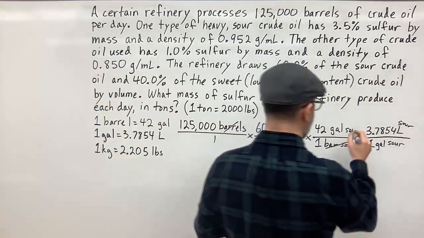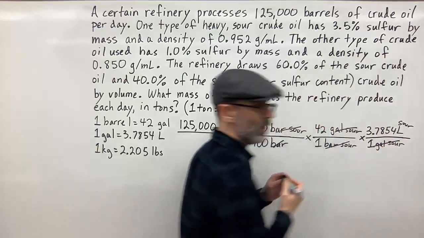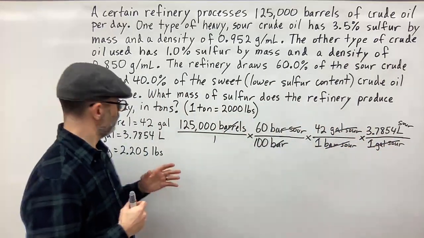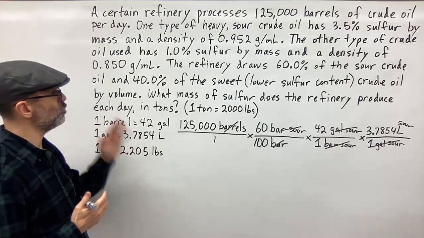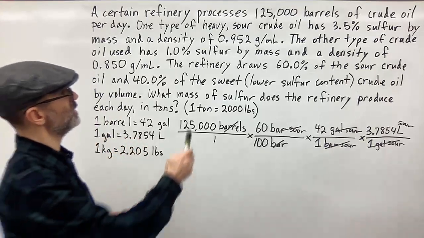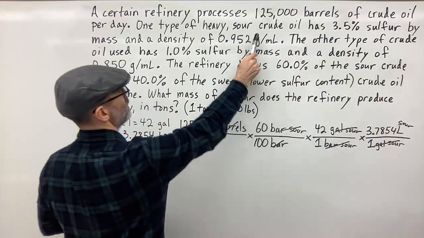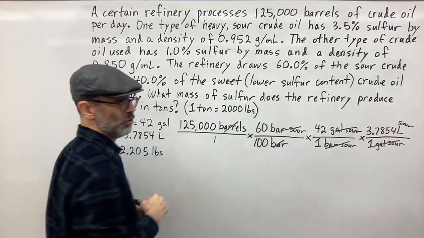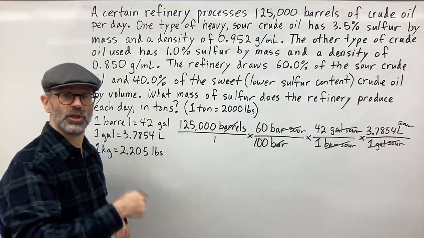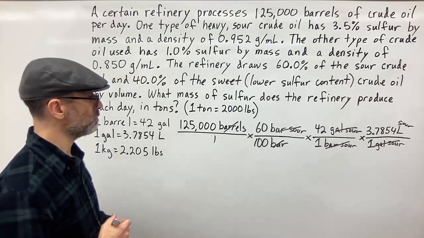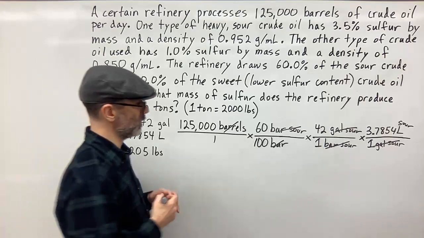So gallons is going to cancel out. Now we have liters. So we can now convert liters to milliliters, and then we can use the density. So we know that the density is 0.952, so we can convert that to grams, and then from there we can convert grams to tons. But there's going to be multiple steps here.